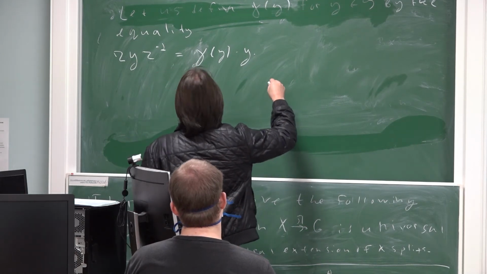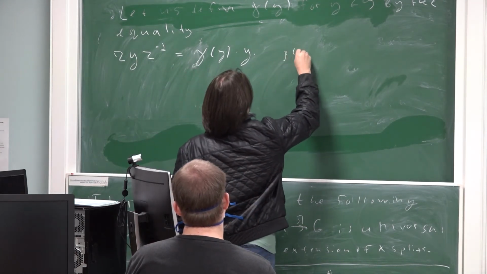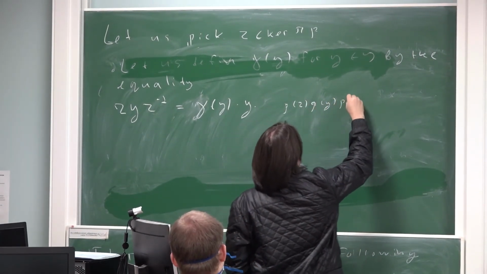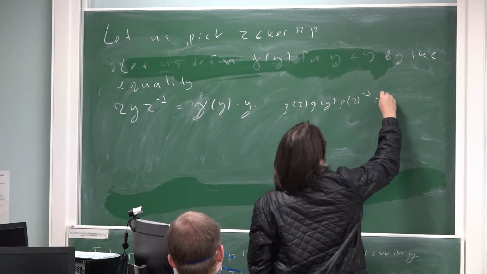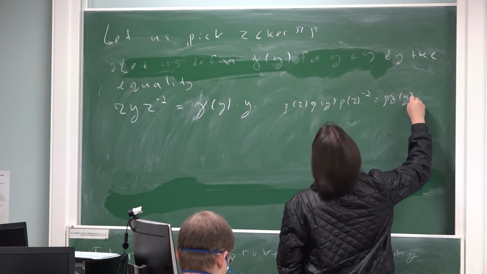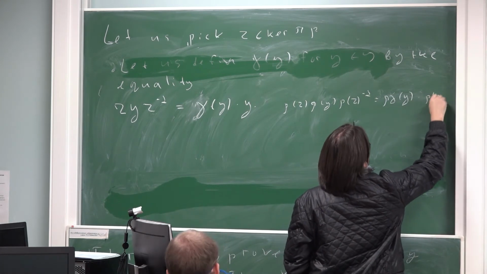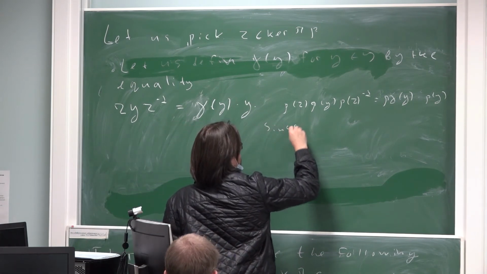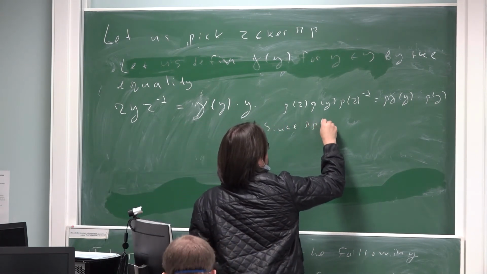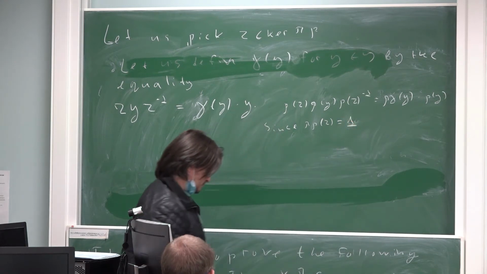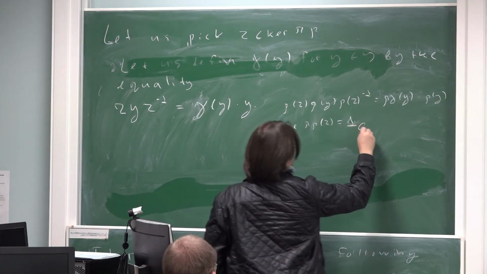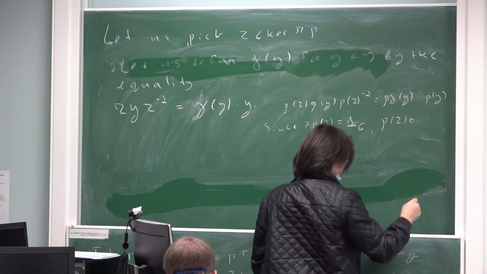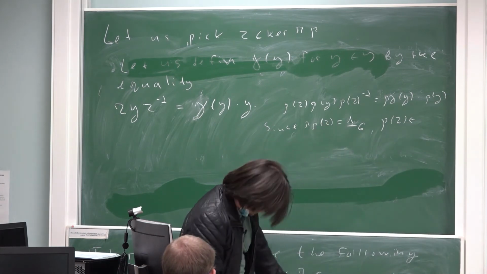Then we get ρ of z, ρ of y, ρ of z⁻¹ equals ρ of γ of y times ρ of y. Yes. But since π ρ of z is equal to 1, ρ of z is an element of the kernel of π. Yes.